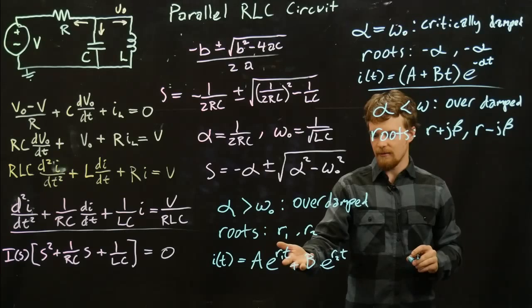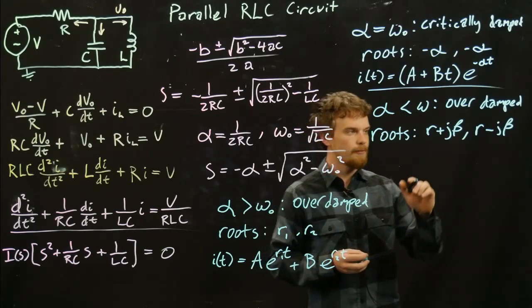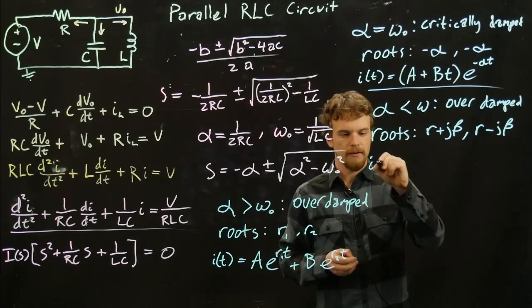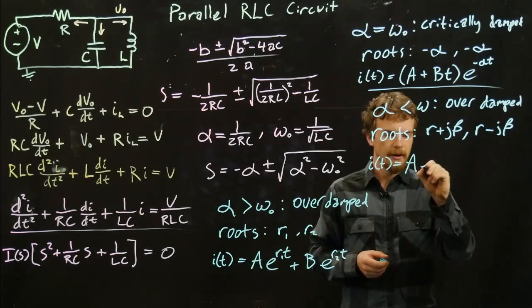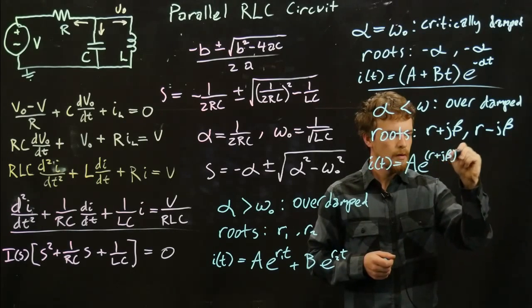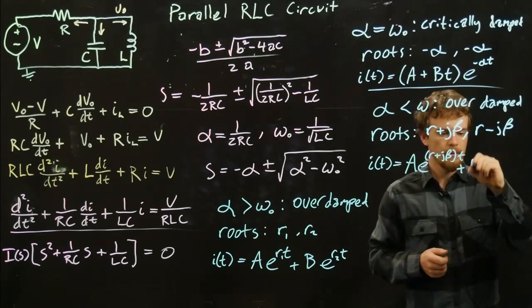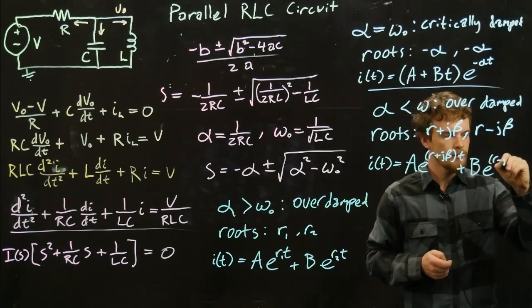We really get the same solution as this, but we'll rearrange it to see what it means. So we'll have that i of t is equal to an arbitrary constant times e to the r plus j beta t, plus another arbitrary constant times e to the other root, so r minus j beta.